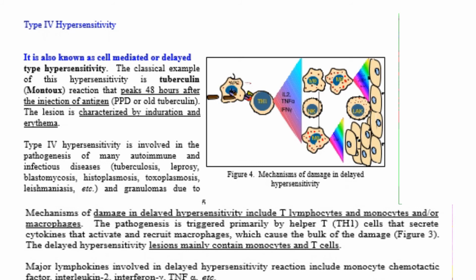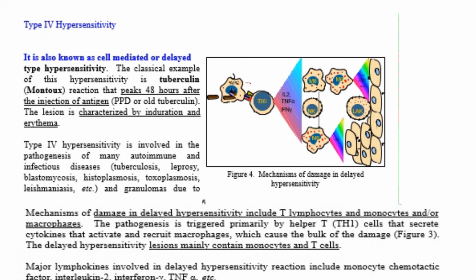Another best example for type 4 hypersensitivity is contact dermatitis, like poison ivy, chemicals, and heavy metals, in which the lesions are more papular. Papules will be formed at the contact area.